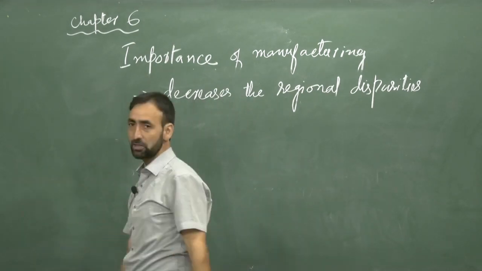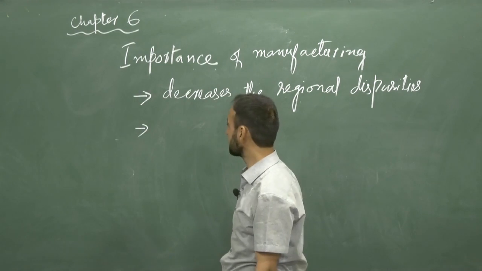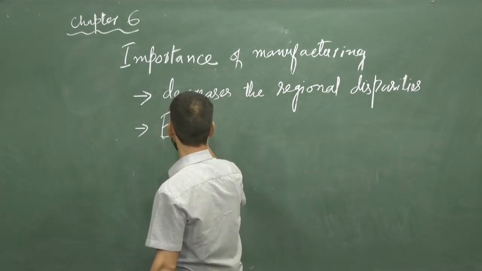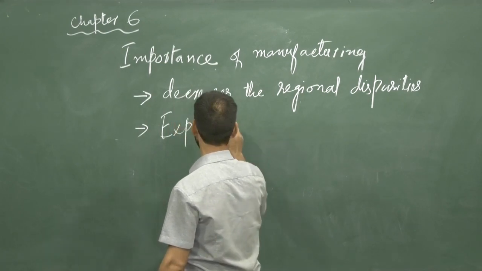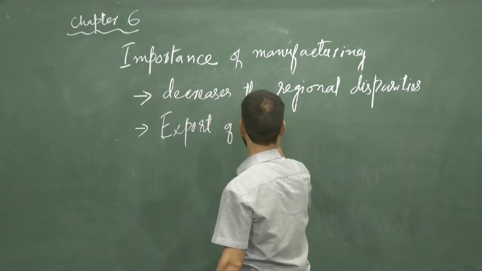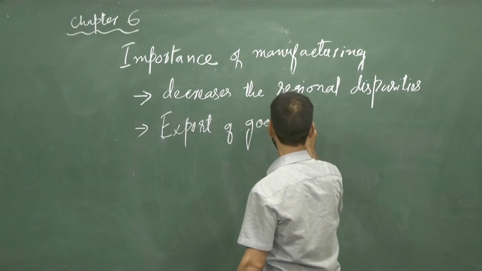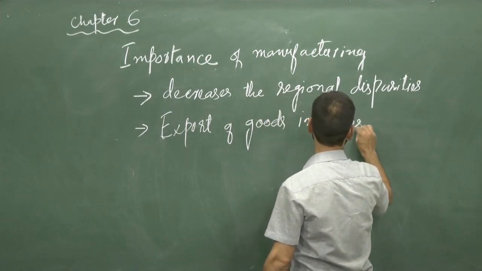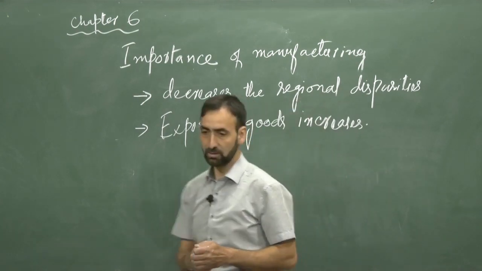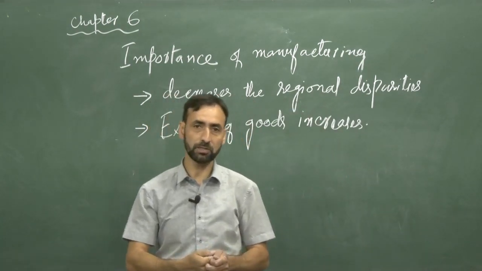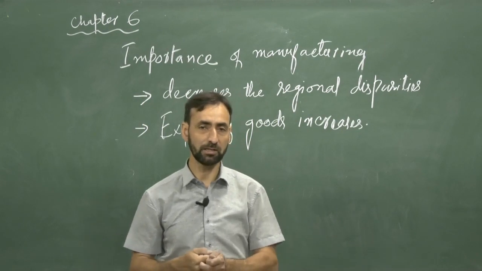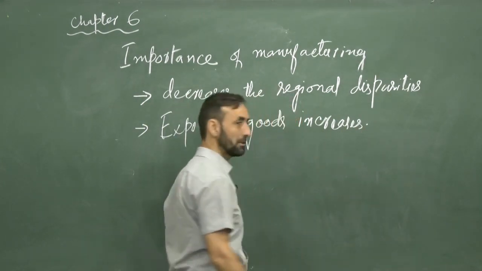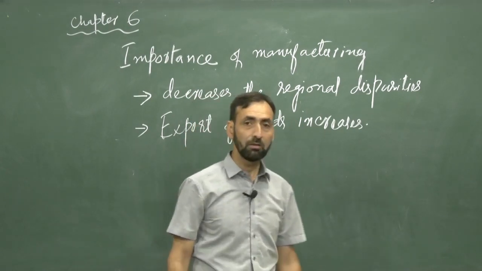Another most important importance is that export of goods increases. It is the case of India, that India is exporting more and more things to other countries, which also falls in the concept of globalization.